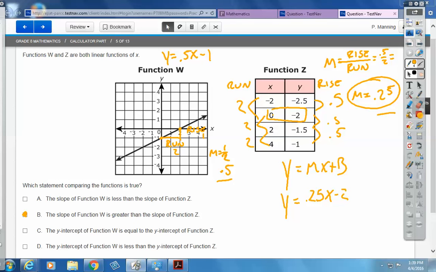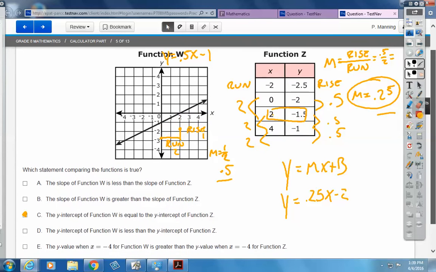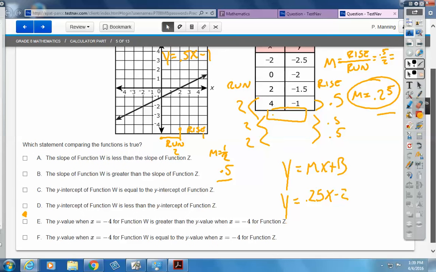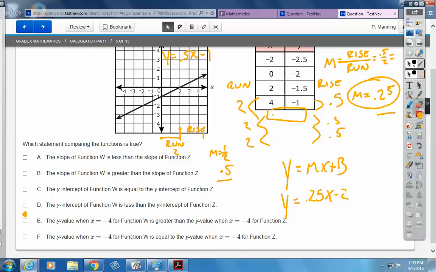And I'm hoping, okay, so E then says, the y value when x is -4 of the function is greater than the y value when x equals -4. Well, let's figure that out.